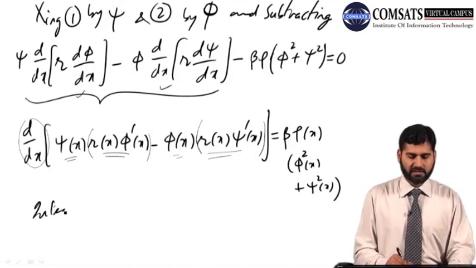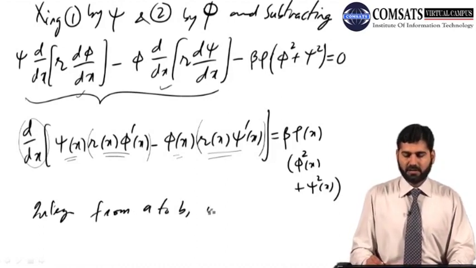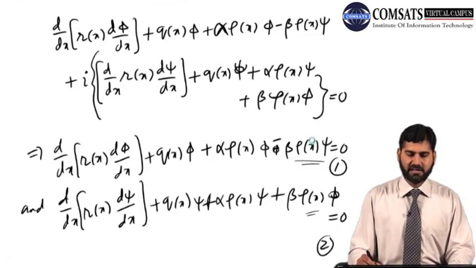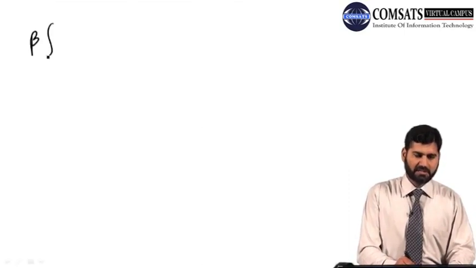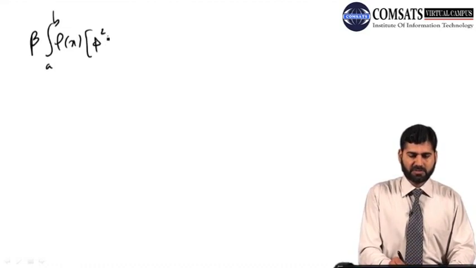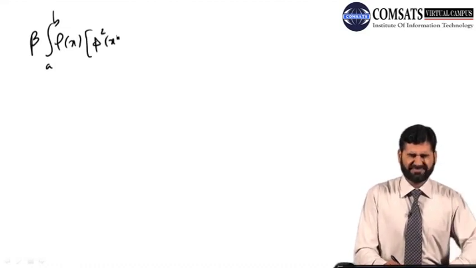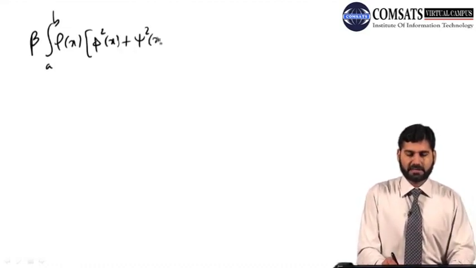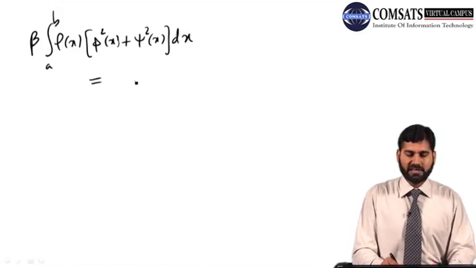So integrating from a to b, we obtain, I'm writing this on the left hand side, so you can write beta times the integral from a to b of rho(x) times phi squared(x) plus psi squared(x) dx equal to, we are done with the integration.